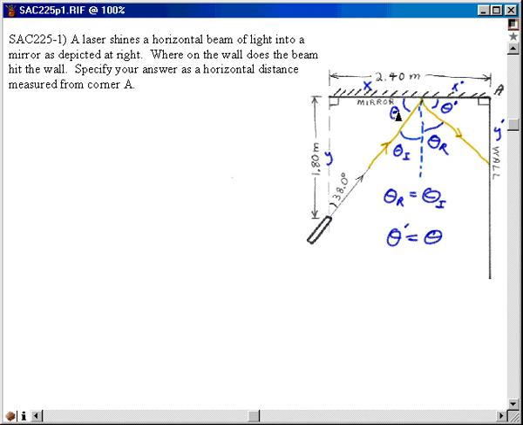Theta prime, therefore, is equal to theta. So we get theta, we get theta prime. Well, we're going to need to know what x prime is in order to get y prime.